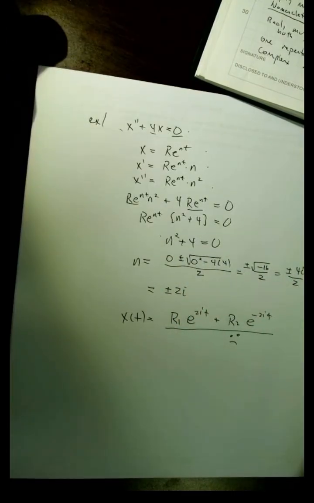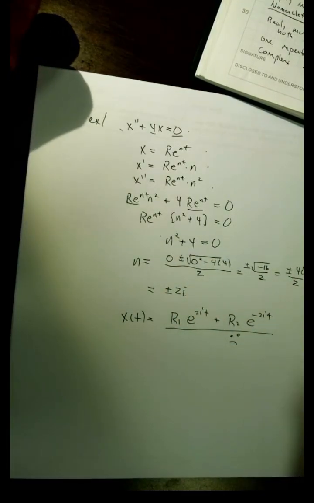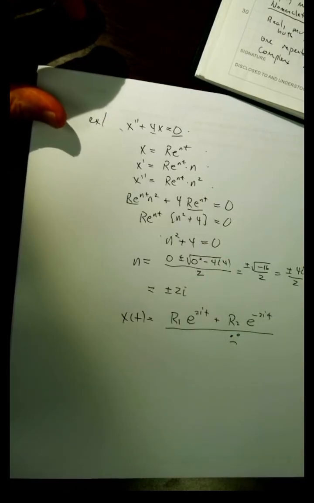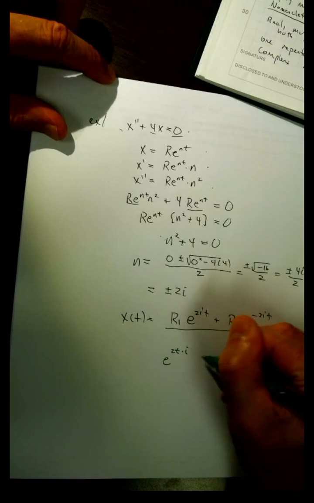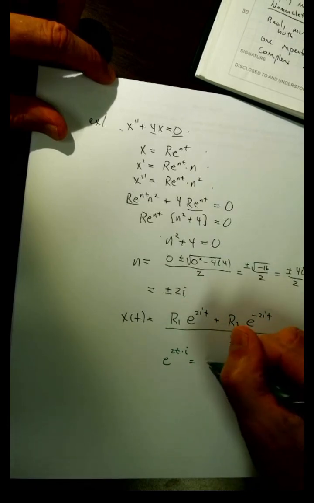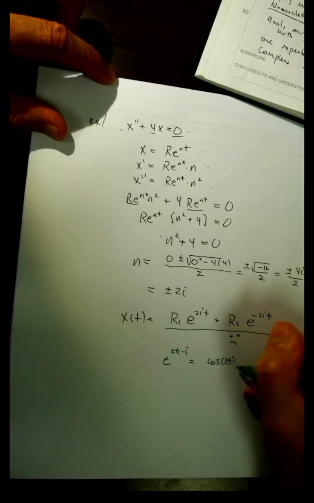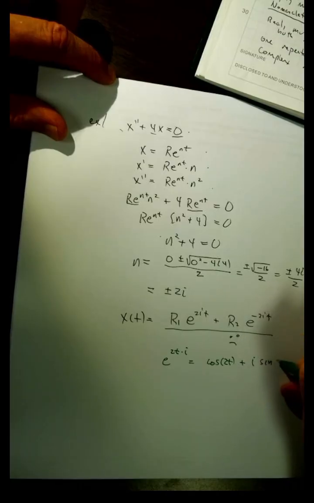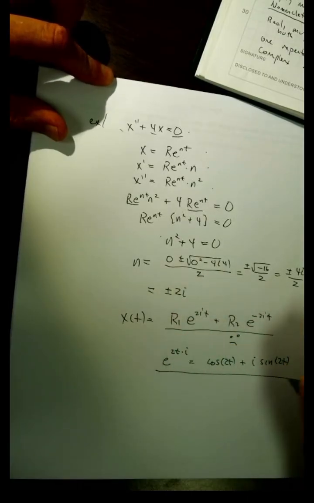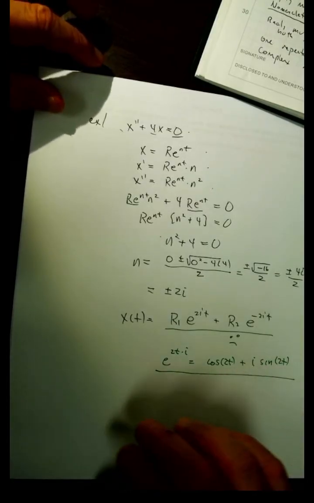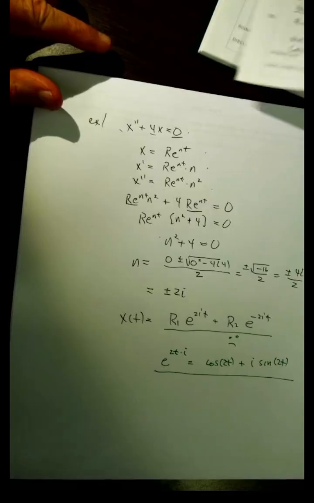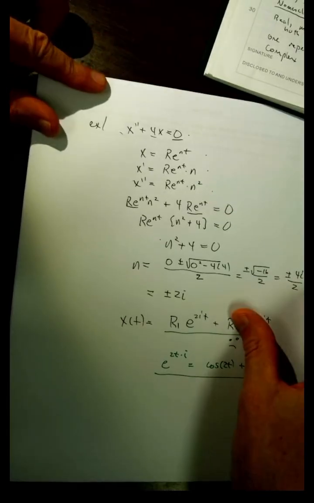We're going to come back to that, and we're going to look at this separately, but it's important for now to recognize it's not that big a deal because e to the 2it, we can use Euler's formula, is going to be cosine 2t plus i sine of 2t. We are going to use that later and come back to that. But for now, recognize it's not a big deal. We can deal with it. It's just that we have to take a little extra step and a little extra time. All right.